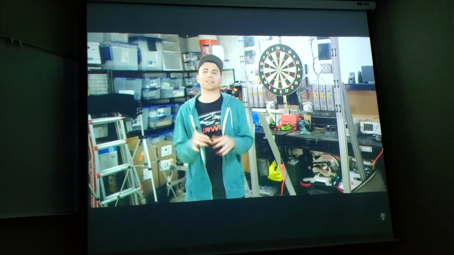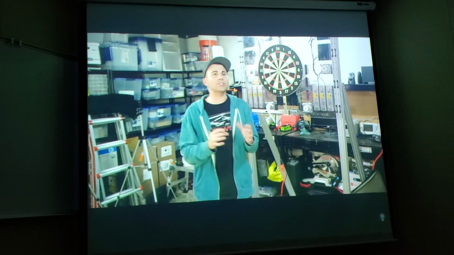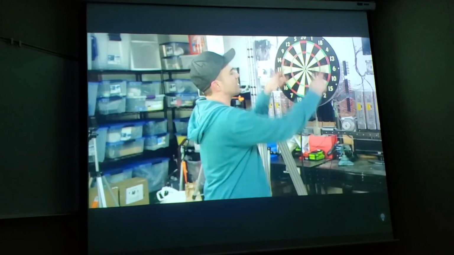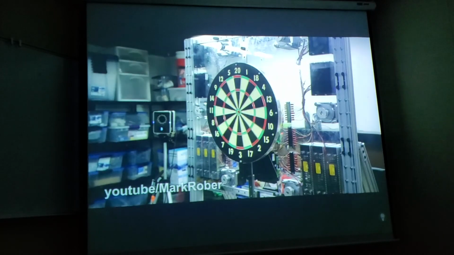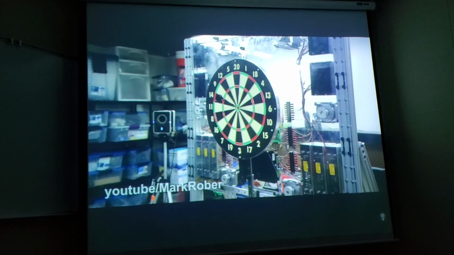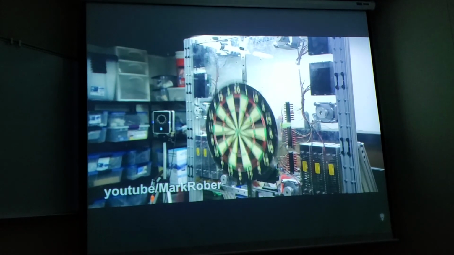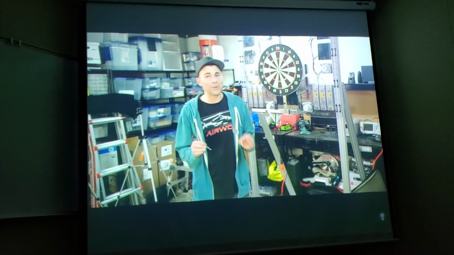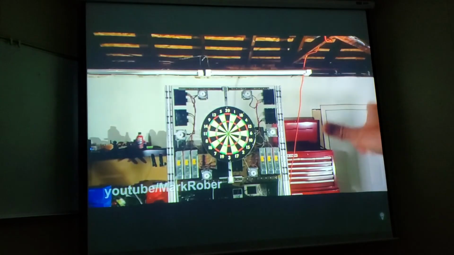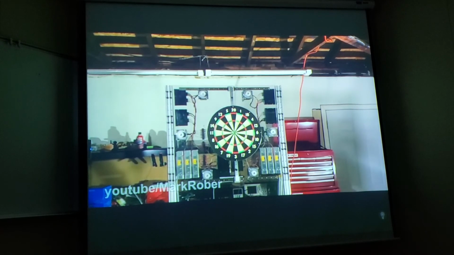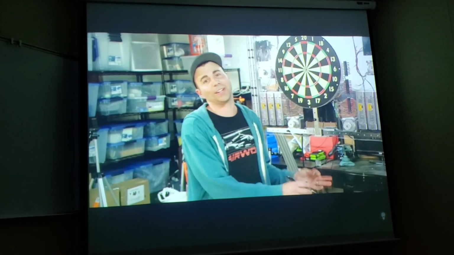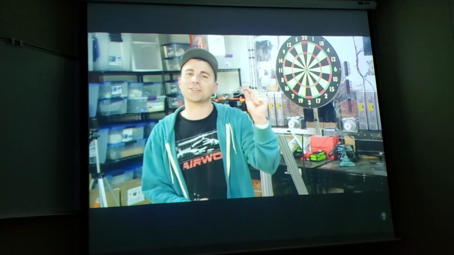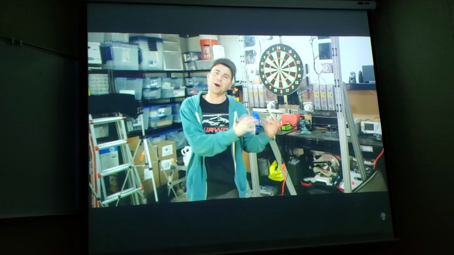It's fairly self-explanatory, but you throw a dart, and as long as your initial throw is somewhere within this diameter or so, the dartboard helps out a little bit. And what's cool is if you use this dart, it will make you the world's best dart player because you get a bullseye nearly every time. And even if you don't, it's really close. But if you use this dart, it makes you the world's worst dart player because it calculates the initial trajectory and then moves the board in the exact opposite direction.